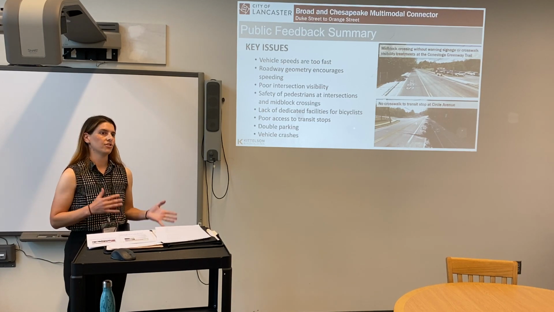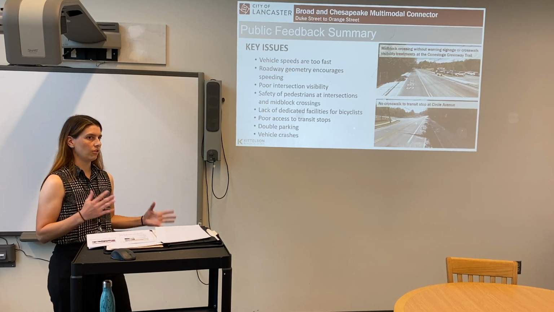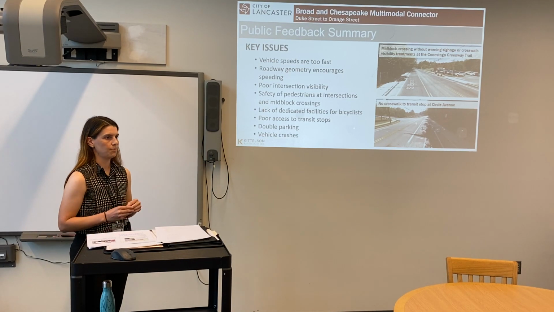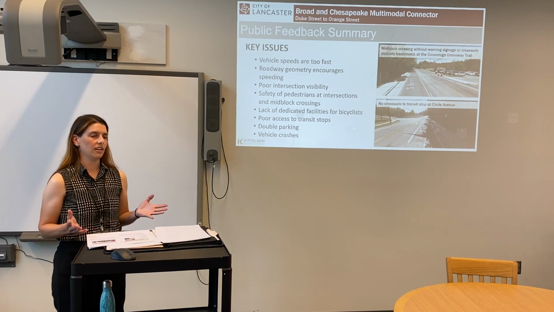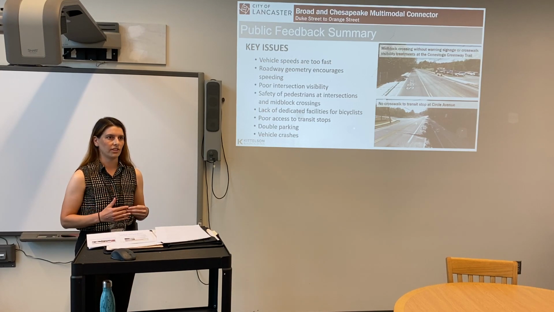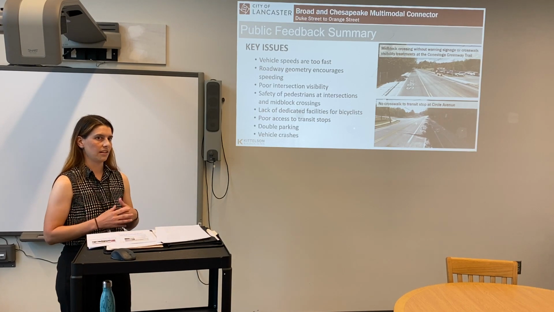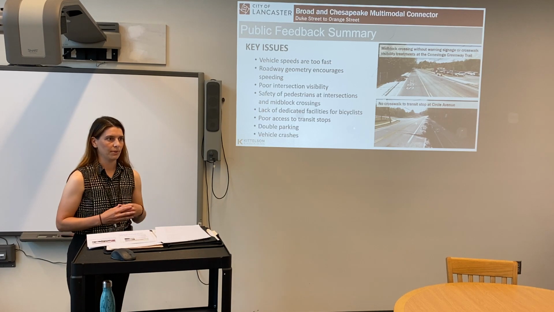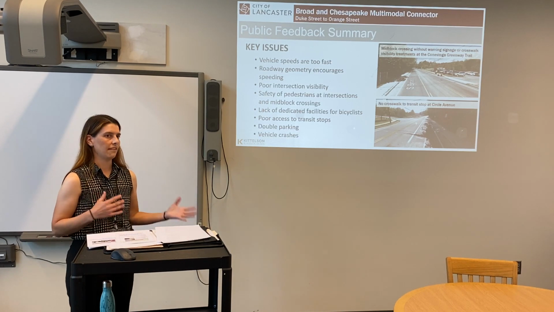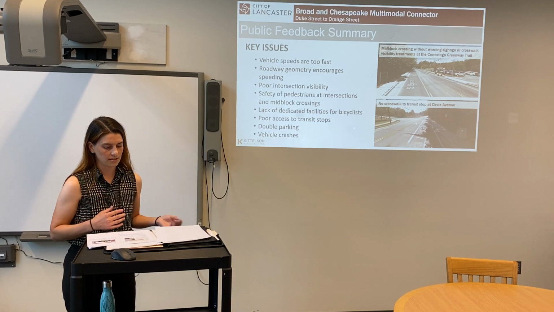The roadway geometry and the topography all add to that speeding. It encourages that speeding. We heard that it was hard to cross the street in some locations, and there's some mid-block crossings that are not marked with crosswalks. So poor intersection visibility leads to that feeling of unsafe crossings.